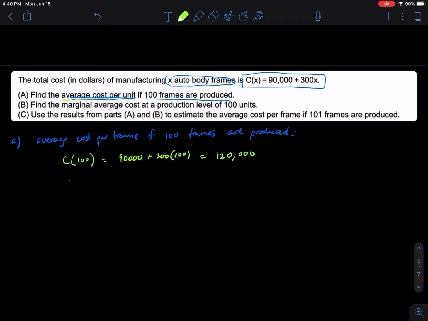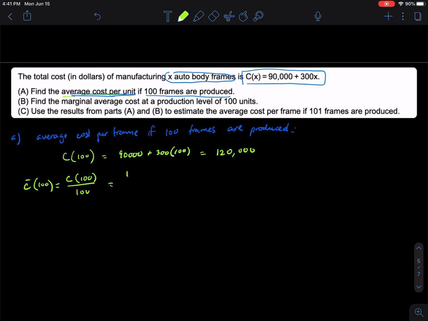If we divide that by how many frames are produced, that is essentially the average cost per unit. So we take that total, divide by 100 frames, and that gives us $120 per frame on average if 100 frames are being produced.